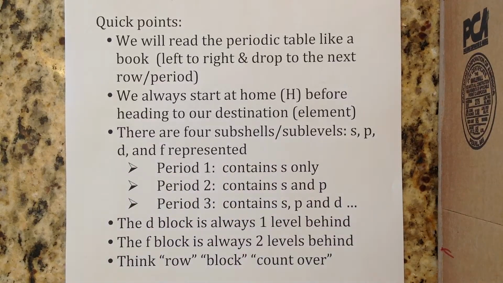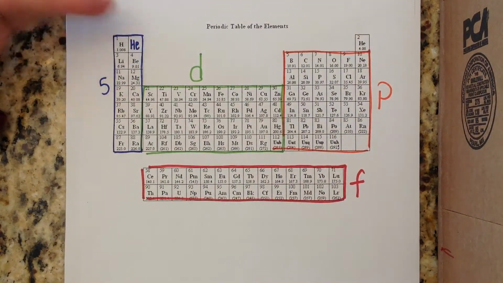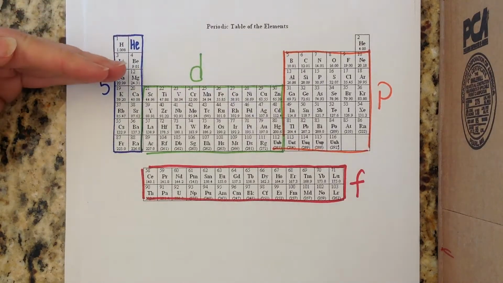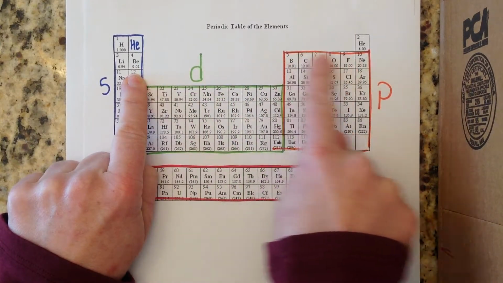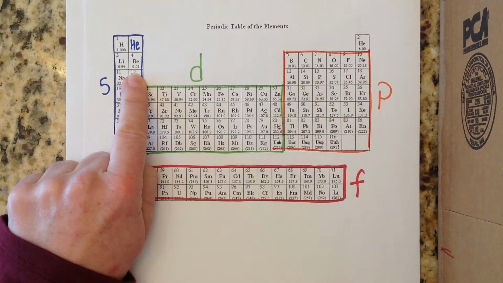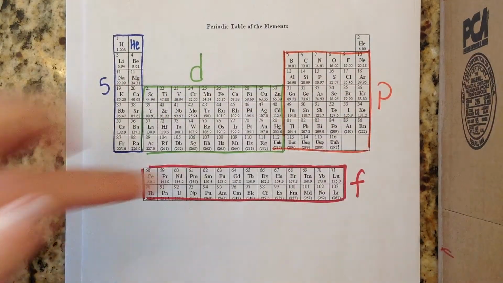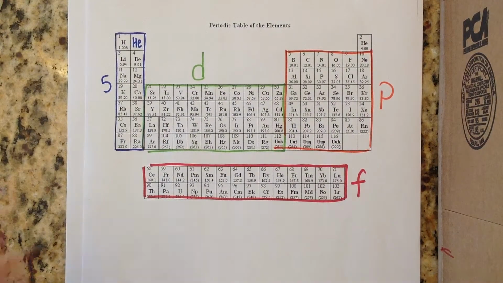Also, when we're thinking about the different periods of the periodic table, I'm going to show you what that means. Period 1, that means row 1 has an S sublevel. Period 2, row 2 has S, but if you keep going, it's also got a P sublevel represented. The third row has S, P, and you're going to learn it also has D, because a little secret about this D block, they are actually 1 level behind.